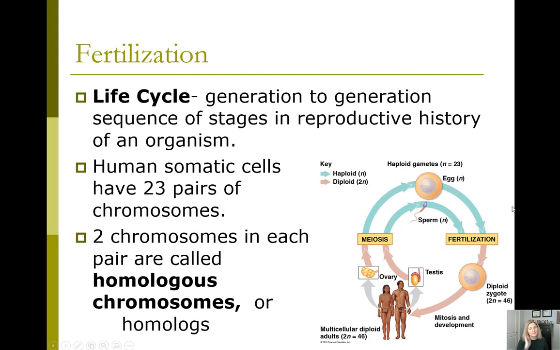So let's take a look at the life cycle. So life cycle is just the generation to generation sequence of stages in the reproductive history of an organism. So we follow this particular life cycle. We'll focus in on humans and more complex animals, where we are basically what we consider a diploid organism.